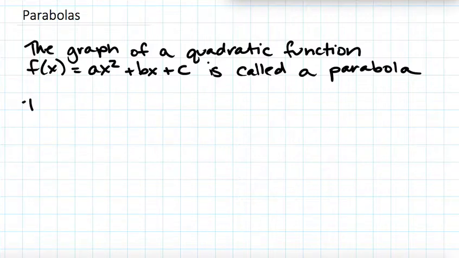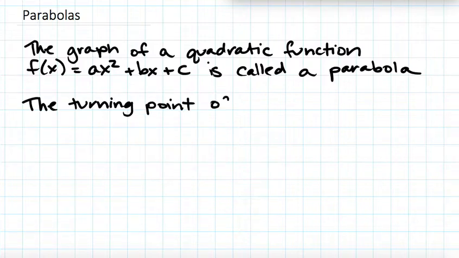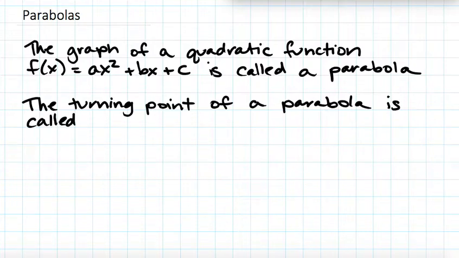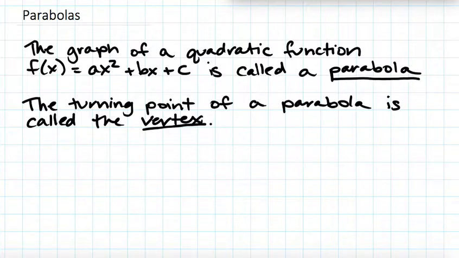All parabolas have a turning point, which is called the vertex. So there's two ways that a parabola could look.